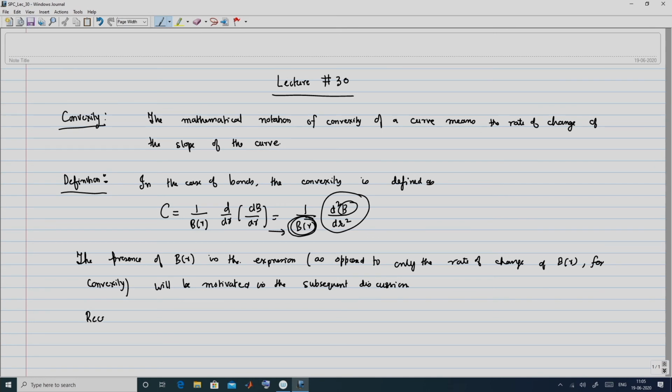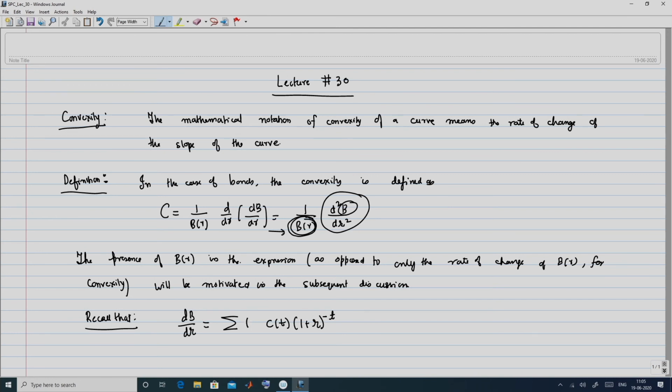Now, recall that we have already got the expression for dB/dr. This was the summation of C_t times the derivative with respect to r of (1 plus r) raised to minus t.